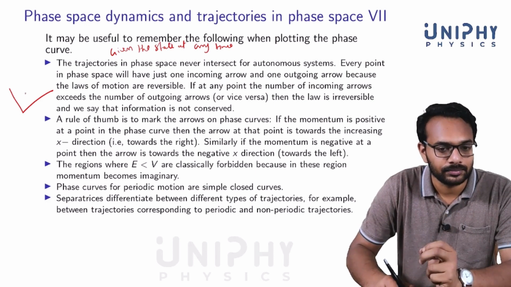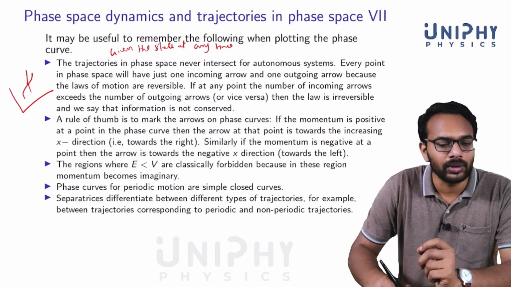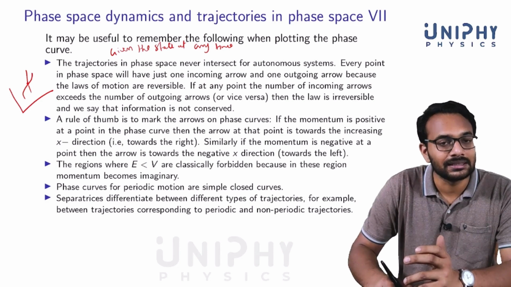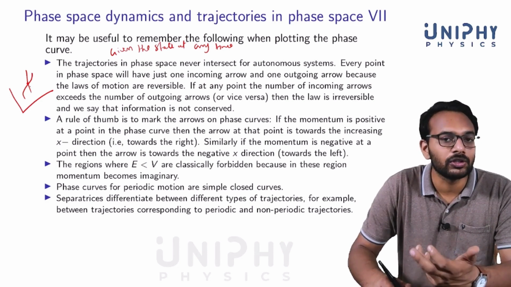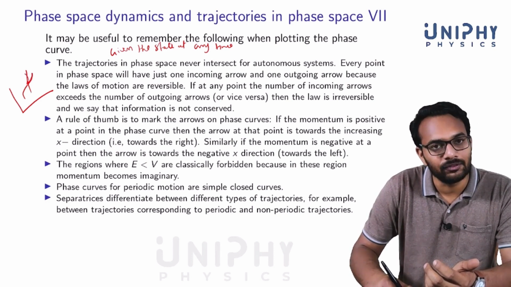Am I right? Okay, now imagine two phase space trajectories intersecting like this. This point is a problematic point, because if the state at this point is given, we don't know what its past is, we don't know what its future is. It could be this or it could be this. This means that the evolution in phase space is not unique.